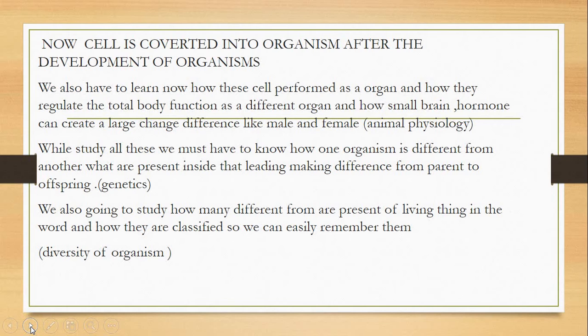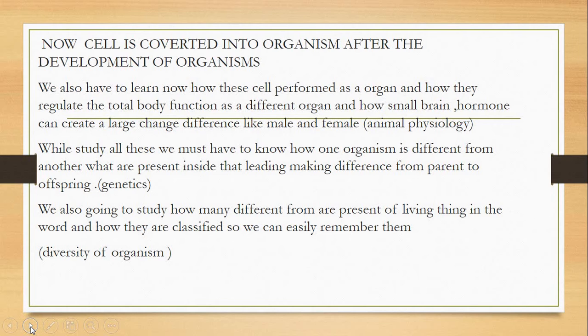Now after the development of the organism, we have to learn how different organisms behave in different manners. That is, we have to learn animal physiology of each and every one. After that, we have to learn genetics, how animals pass their genetic information from one organism to another organism, so that the continuity of life goes on.